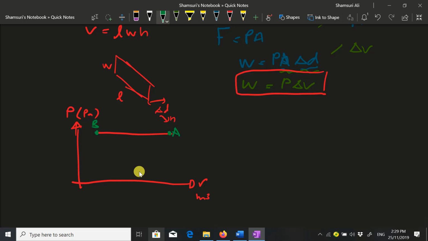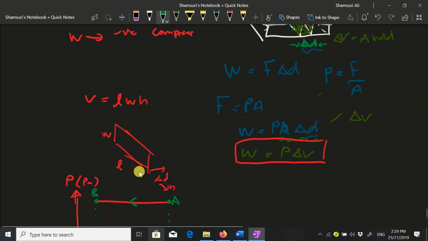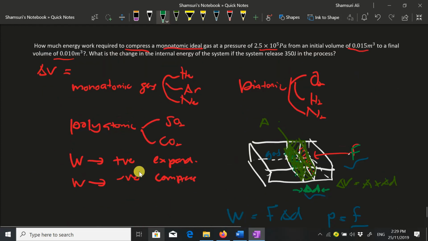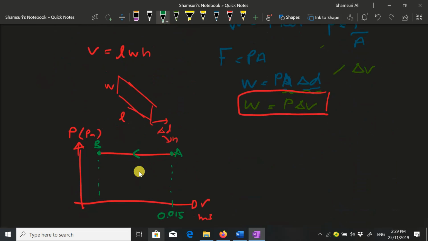So the work done, maybe the system starts from here. The pressure initially is 0.015, and then after that has been compressed to 0.01.